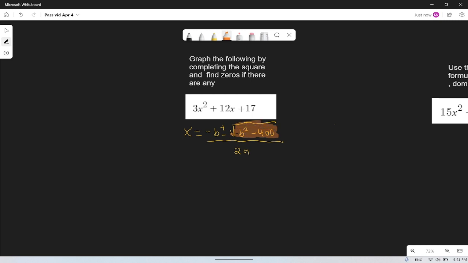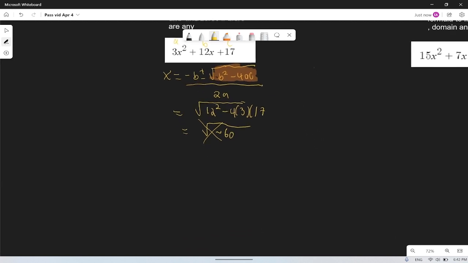But we can use the discriminant here to determine if there will be any zeros, just as a little shortcut. So we have our a value, b value, and c value. If we take the square root of 12 squared minus 4 times 3 times 17, this will equal the square root of negative 60, and you can't take the square root of a negative number, so that means there are no zeros.